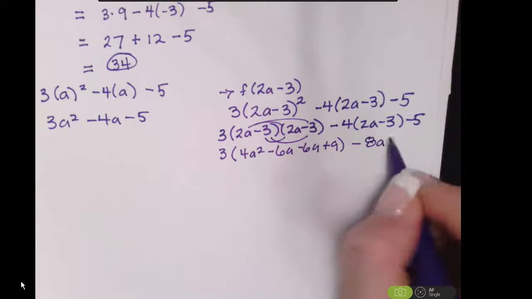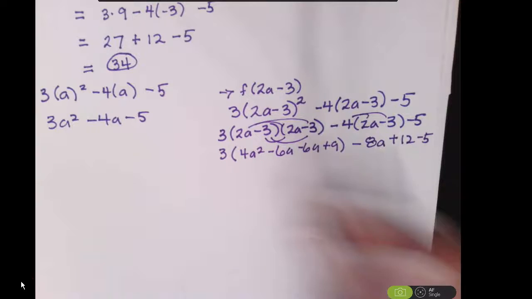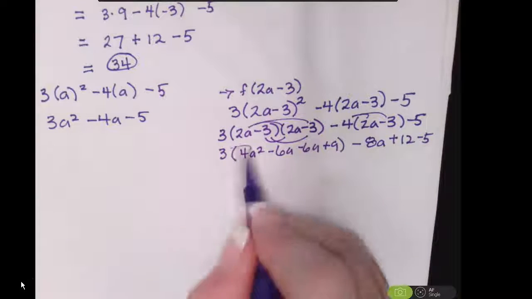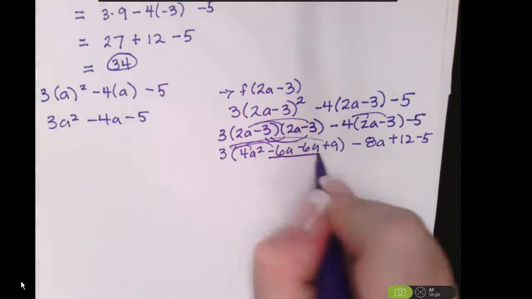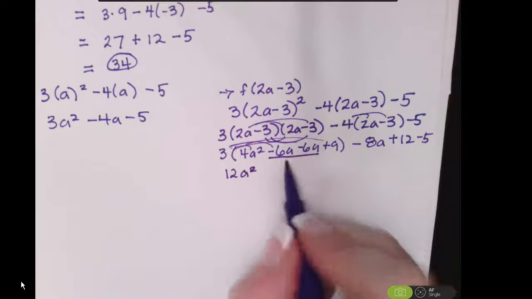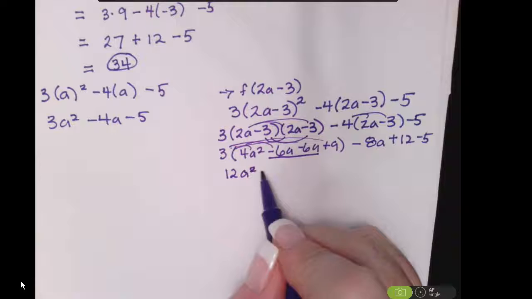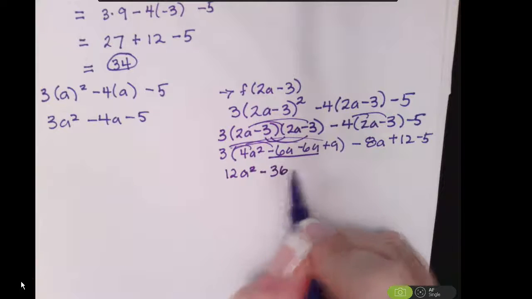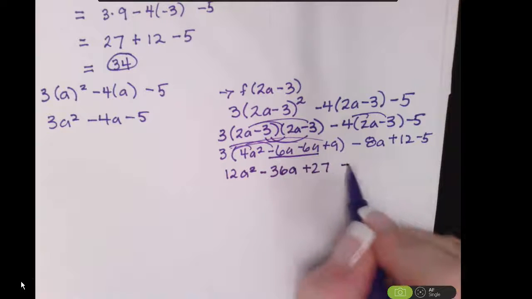I'll go ahead and distribute that, and now I can distribute over here as well. I'm going to combine these like terms. 12a squared, minus 6 minus 6 is minus 12, so 3 times minus 12 is negative 36a. 3 times 9 is 27.